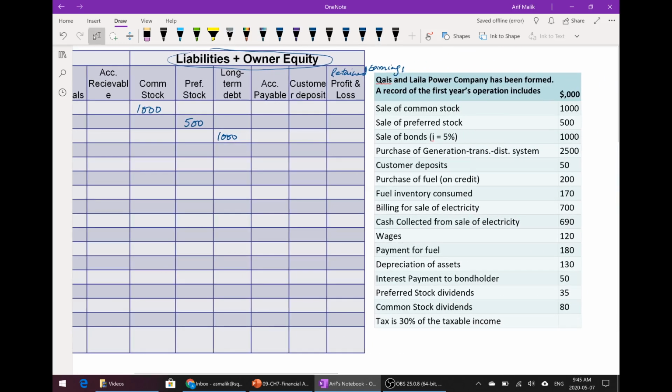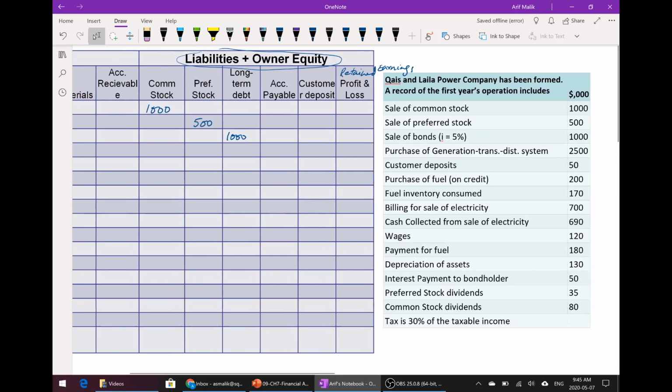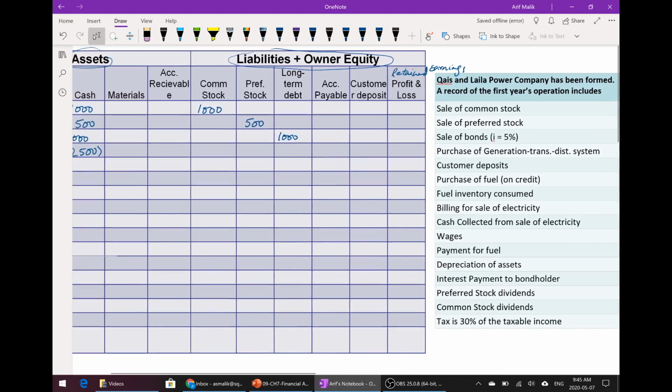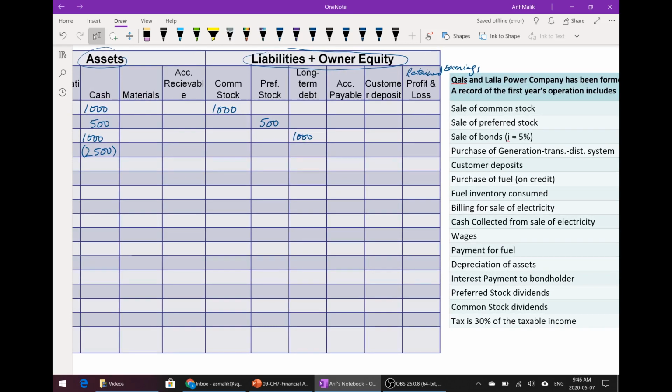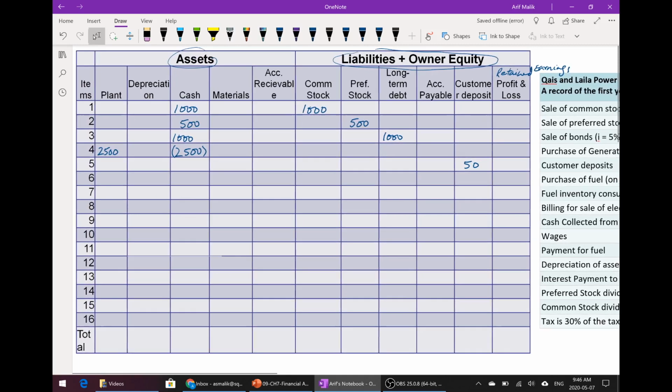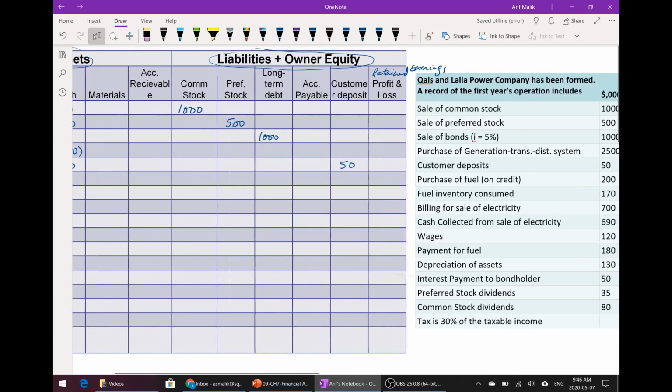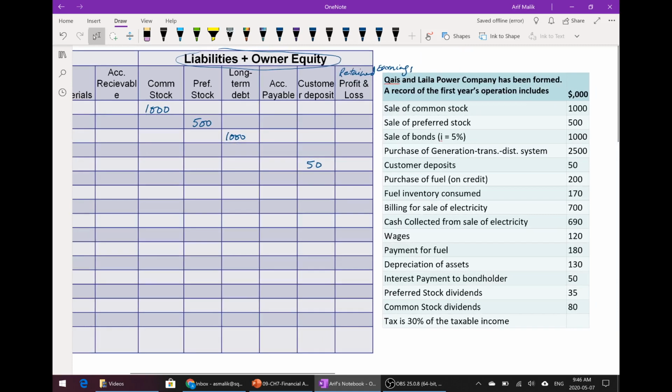Then the next item is customer deposit, which is 50. So we have made an account of customer deposit. We make it 50 here, and of course we got cash with that. Let's look at the next item, purchase of fuel on credit. It is 200.